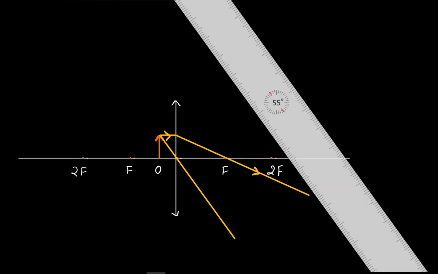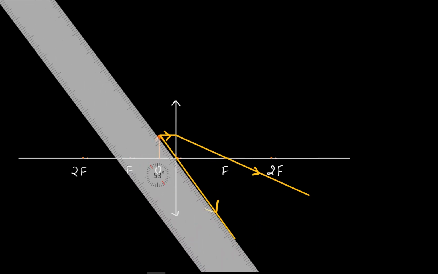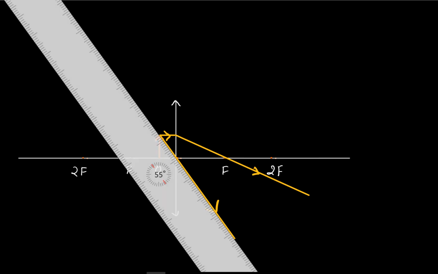So second ray goes down like this. So then does it mean that there is no image that is formed? Well, no, the image is formed, but it is a virtual image because the rays of light appear to meet on the other side of the principal axis.